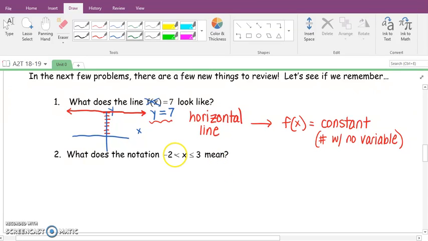I know you want to read it left to right because that's how we read most things. But actually here we really want to read it starting with the variable. And if you remember doing ones like this, we kind of broke it apart and we turned it into an and inequality. The way we did that is we started with this middle piece, the x, the variable, and we read it from the x to the left, and then we read it from the x to the right.